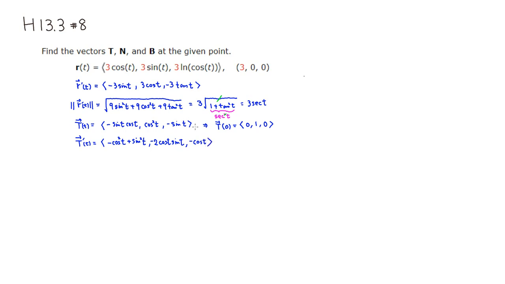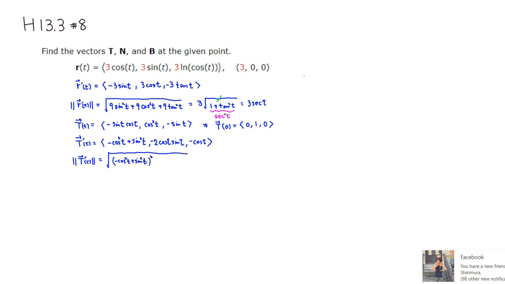Then we have to find its magnitude. It might not be very pretty, but we can find it. I'm not going to really simplify, I'm just going to write down what we have. So we have the x component, which is this, squared.